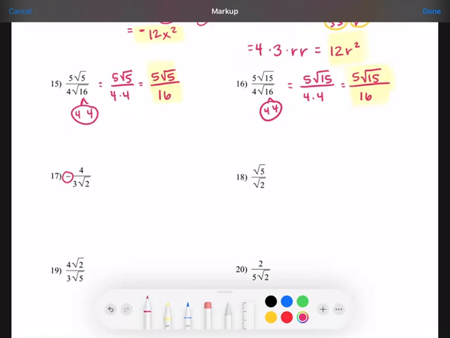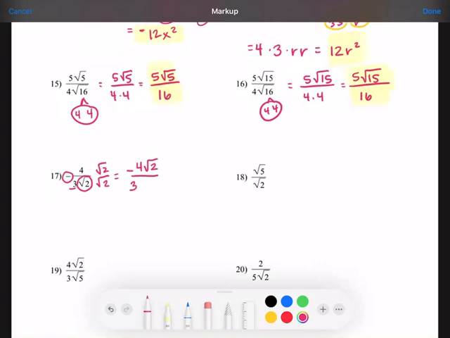On number 17, keep in mind we have a negative 4 over 3 square root of 2. There's nothing more I can do to simplify, so I'm going to multiply, but remember, we cannot have a square root in the bottom, in the denominator. So I'm going to multiply the top and the bottom by the square root of 2. On top, I'm going to keep the negative. I get negative 4 square root of 2.